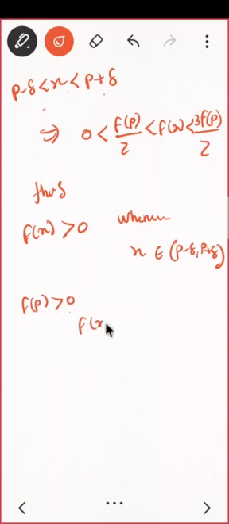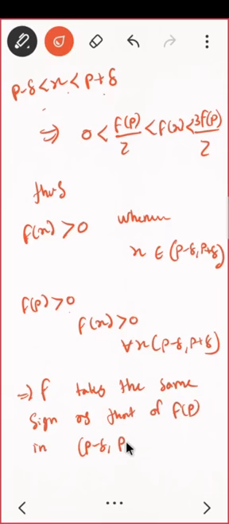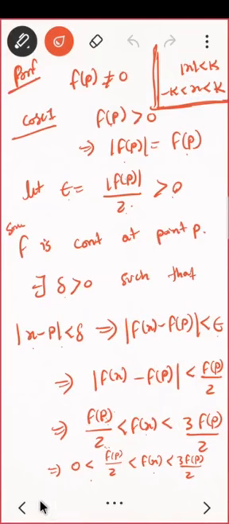You got f of x is positive for all x lying in this interval, p minus delta and p plus delta. That means f takes the same sign as that of f of p in p minus delta comma p plus delta. Is the proof clear? Go through the proof and tell me whether you are able to understand this.